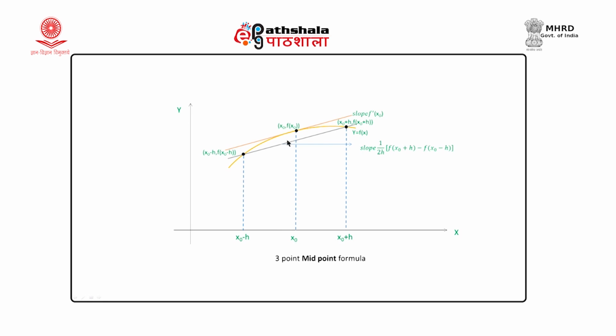So, if you take the difference of these two function values, divide by 2h, this is nothing but the slope of the line joining x0 minus h, f of x0 minus h, and x0 plus h, f of x0 plus h. So, the midpoint formula is nothing but a straight line fit between these endpoints, and the derivative of this line is the estimate of the derivative of the function at the point x0.